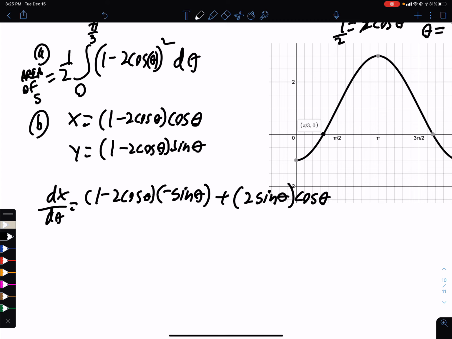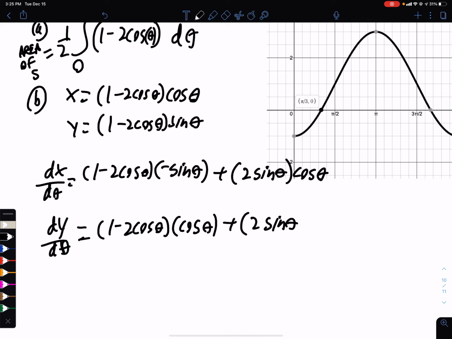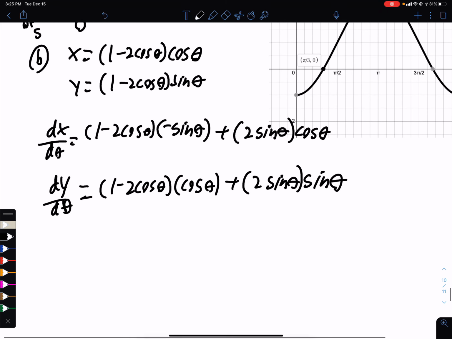And then I find dy d theta. I leave the first alone, and I take the derivative of the second. I take the derivative of the first, and I leave the second alone. And there are my dx d theta and my dy d theta.